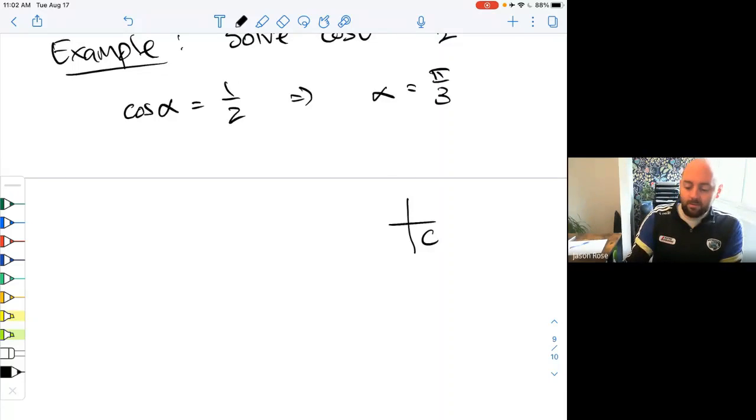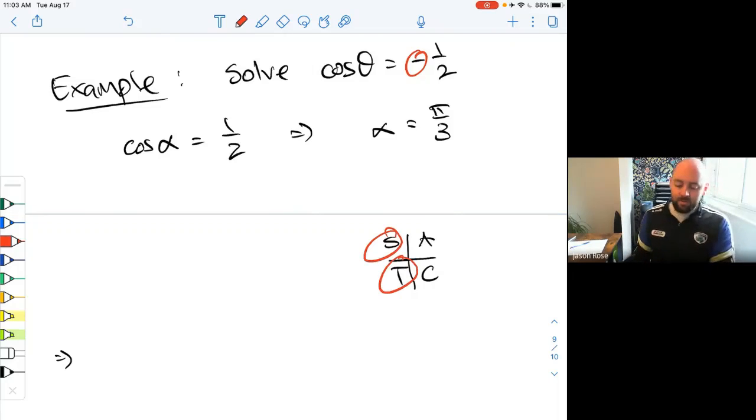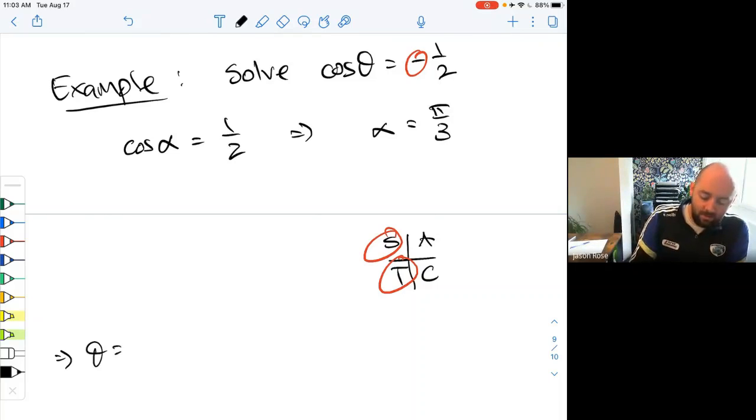Again, I'm inclined to just put this on the side while I'm doing my work. Where is cosine negative? Yes, we do have the negative sign here, so we have to look at where cosine is negative. It's negative in these two quadrants here. So what are pi over 3's cousins in quadrants 2 and 3? Well, it's going to be 2 pi over 3 and 4 pi over 3.